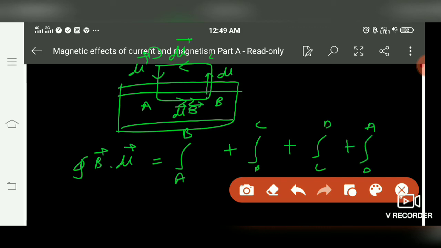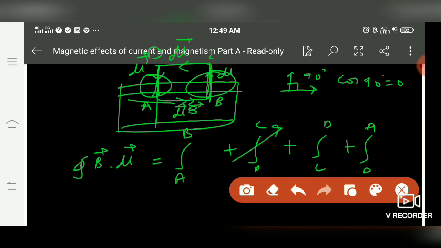For the perpendicular sides, the angle between B and dl is 90 degrees, and cos 90 is 0. Similarly here also the angle is 90. So both of these contribute 0 field. And here we can see this is outside of the current, so no field is there.